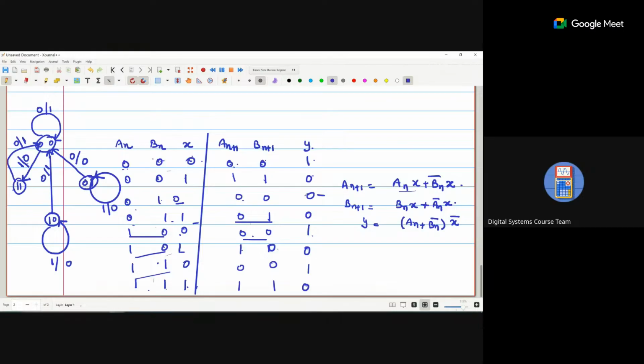And from 1 1, if I apply a 1 input, the next state is 1 1 and the output is 0, the last one. So this is my FSM graph.